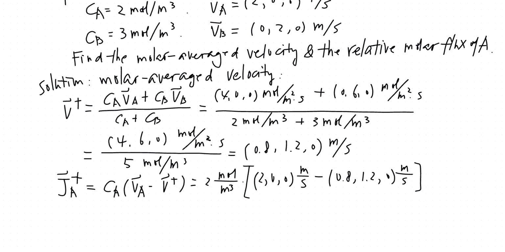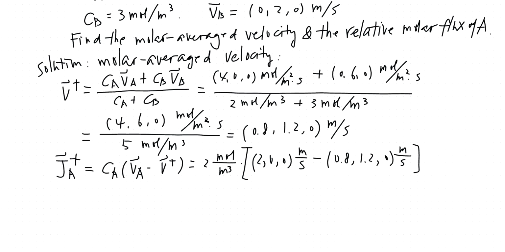It gives you a flux of (2.4, -2.4, 0). It's a vector, so it has three directions along x, y, z. So you have flux along the x and y directions, and no flux along the z direction. Okay, that's how you solve this problem.